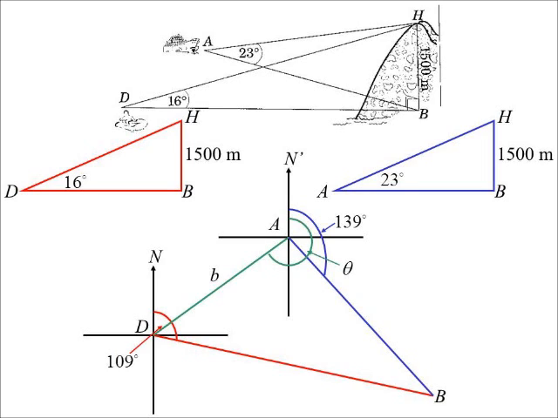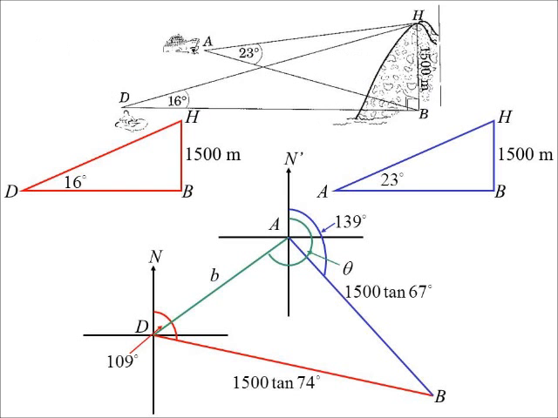Using these triangles, BD over 1,500 will be tan 74. So I know BD is 1,500 tan 74. Using the other triangle, I could do a similar thing and come up with AB is 1,500 tan 67. So, okay, I now have 2 sides of my triangle. If I have one angle, I should be able to use a cosine rule and come up with B.